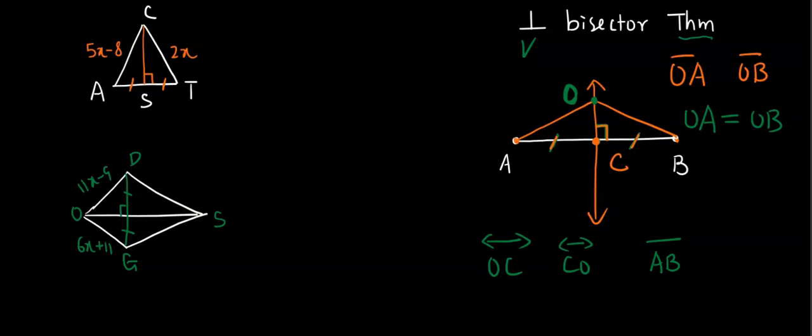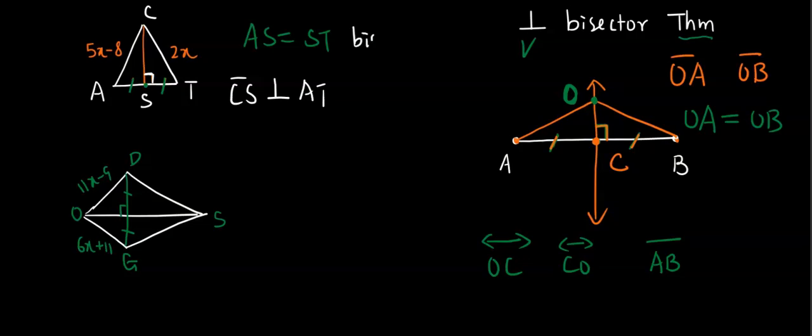The first one gives us one tick mark. That means AS and ST have the same distance, so S is a midpoint. Also look here, you have a 90-degree symbol, which means segment CS is perpendicular to segment AT.